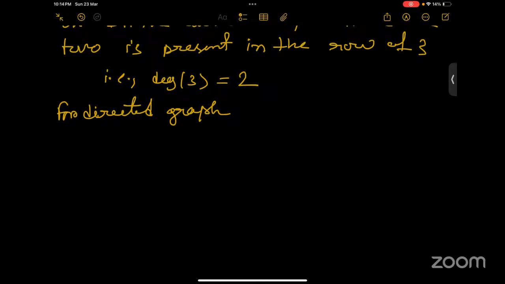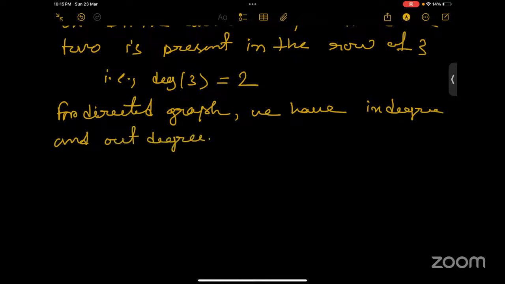In degree means number of incoming edges, and out degree means number of outgoing edges. For a directed graph, we have in degree and out degree.